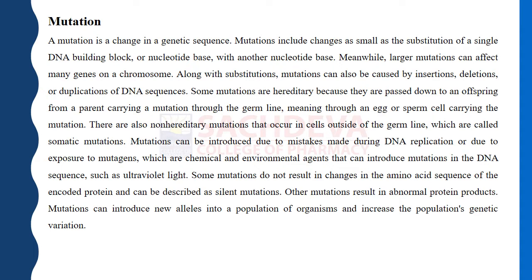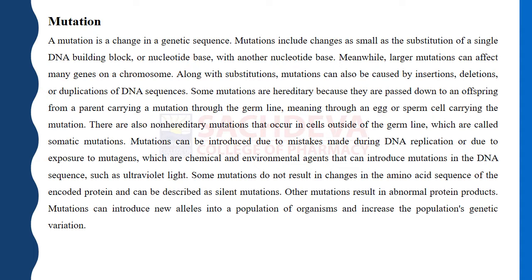There are also non-hereditary mutations that can occur in cells outside the germline, which are called somatic mutations. Mutations can be introduced due to mistakes made during DNA replication or due to exposure to mutagens, which are chemical or environmental agents that can introduce mutations in the DNA sequence, such as ultraviolet light.